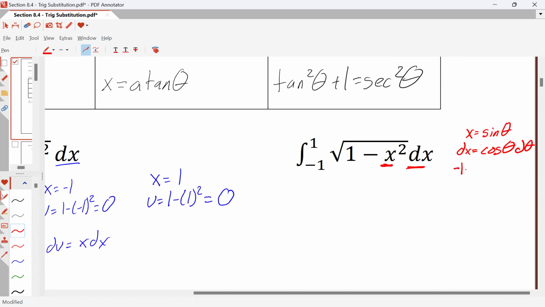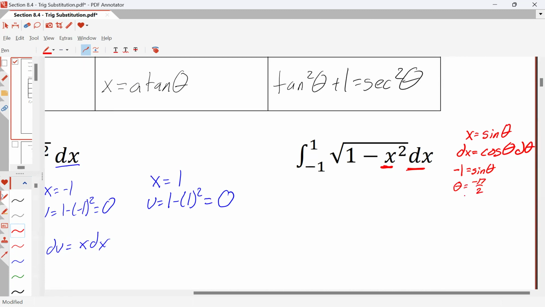When x equals -1, we need to solve for this sine theta. Sine is -1 when theta equals -pi/2. And our upper bound of 1 equals sine theta, so theta equals pi/2.